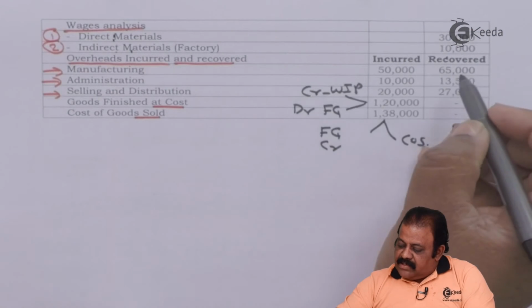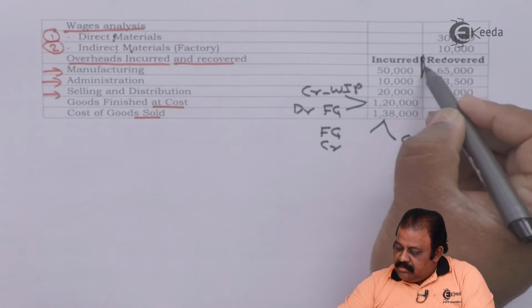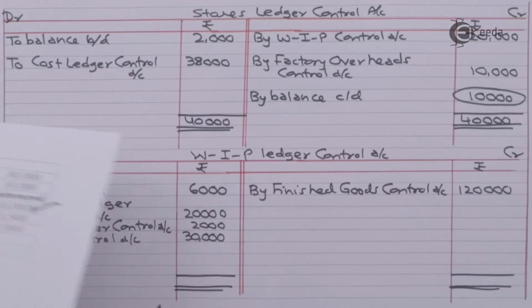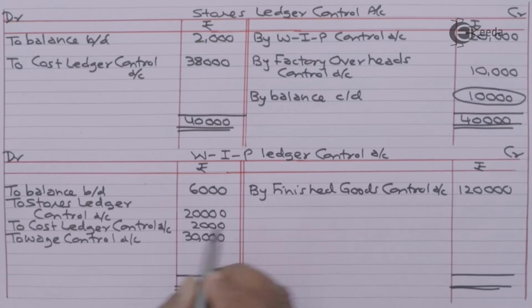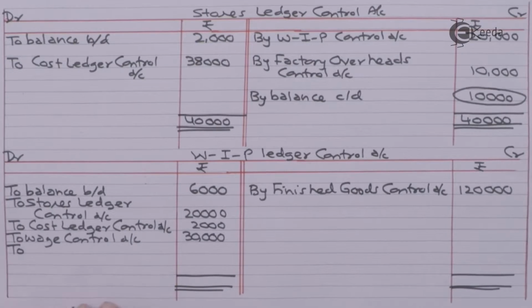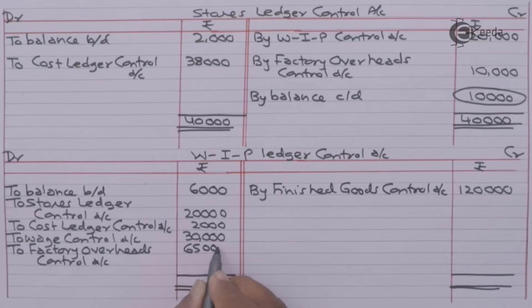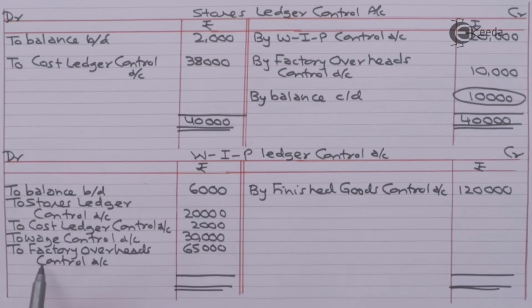Manufacturing overheads recovered, 65,000. This will be debited to work in progress ledger control account. To factory overheads control account, 65,000.